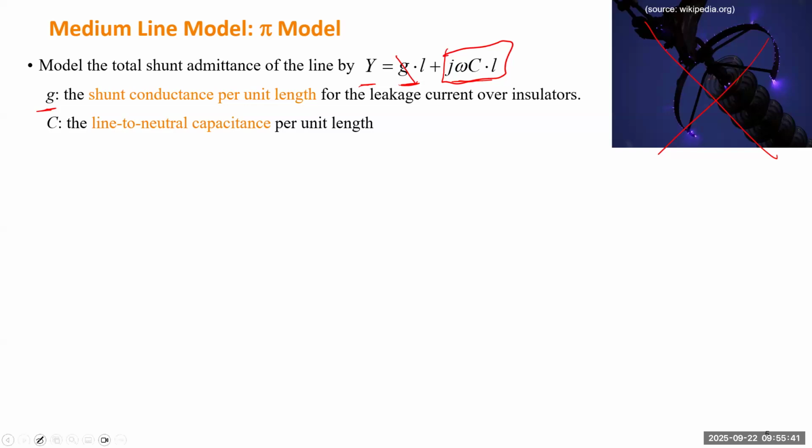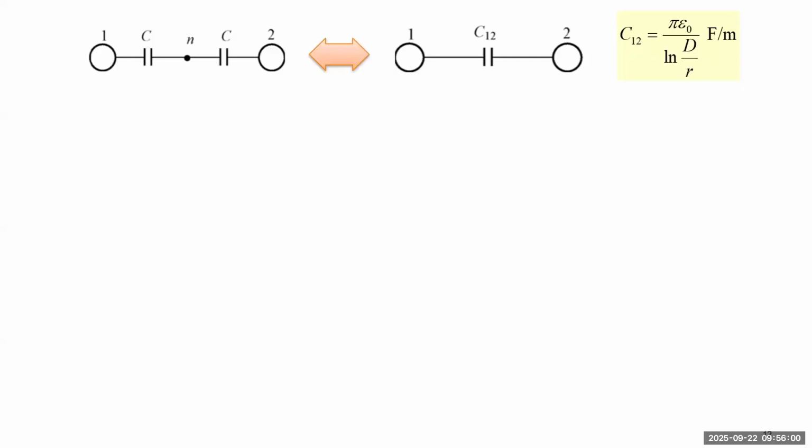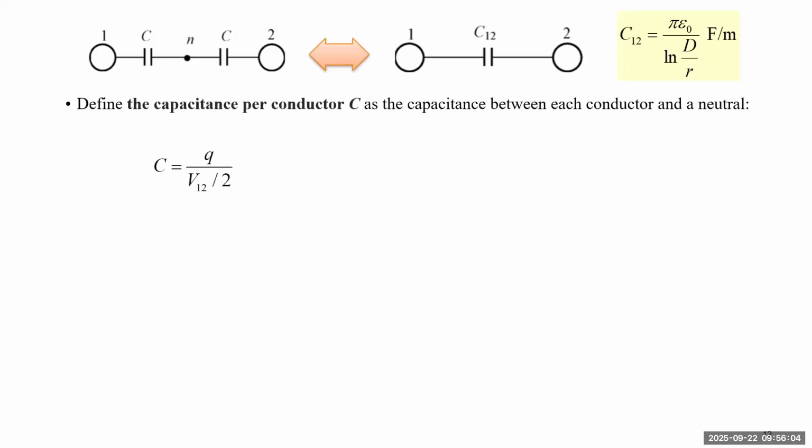You can easily make a mistake. Let me find that case for you. If you calculate the capacitance between the two conductors, the capacitance of each conductor to neutral will be double the capacitance between the two conductors.